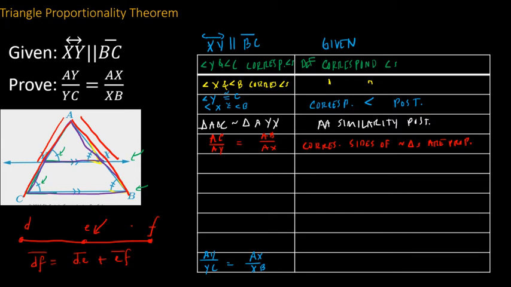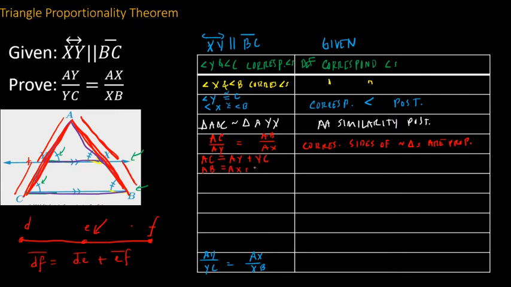I'm going to use that definition here to claim that AC is equal to AY plus YC, and that AB is equal to AX plus XB.